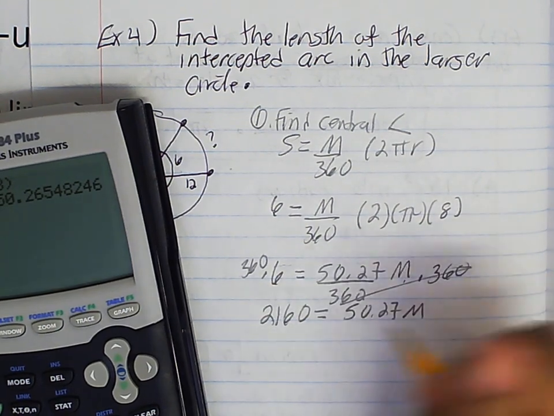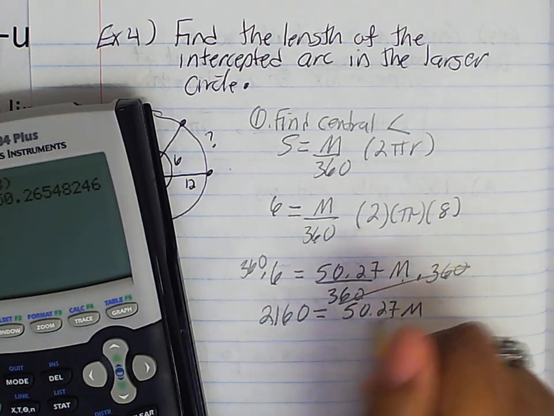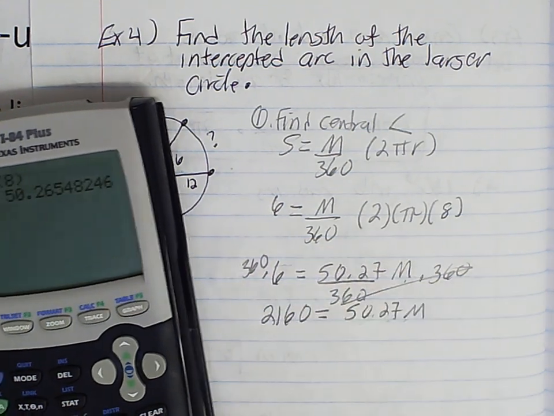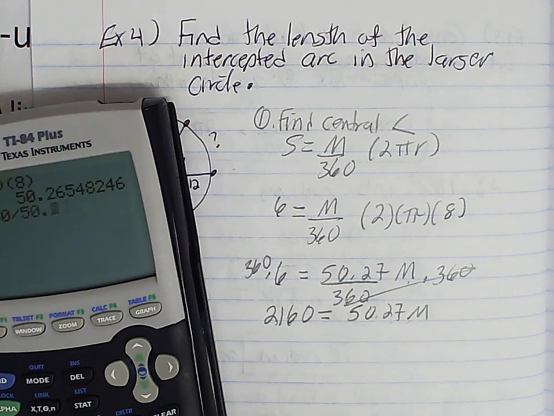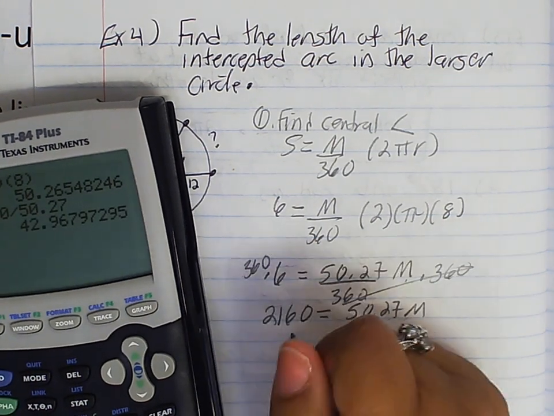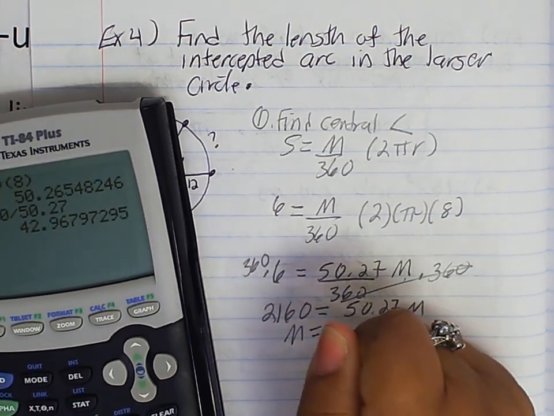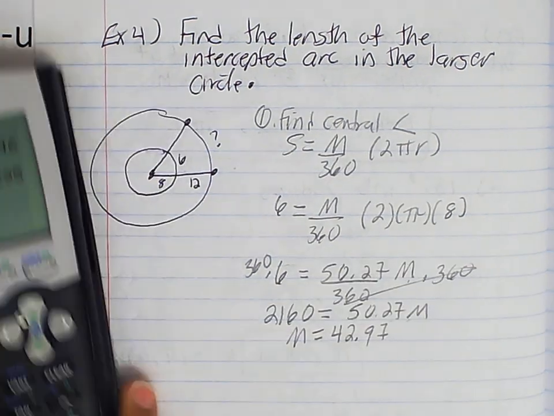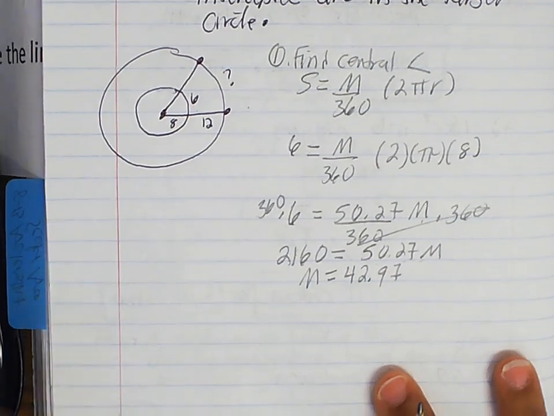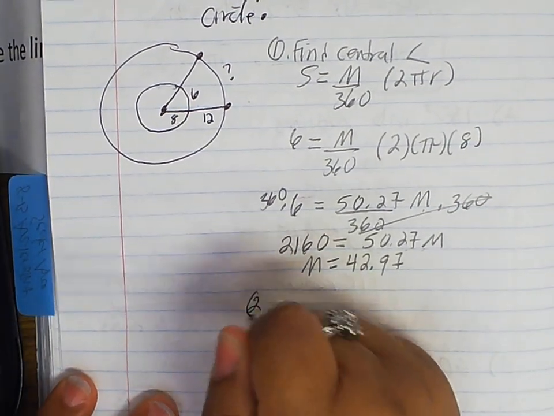And you guys know what to do now. You just divide by 50.27 on both sides. So let's do that. 2160 divided by 50.27 turns out to be about 42. So m turns out to be 42.97.